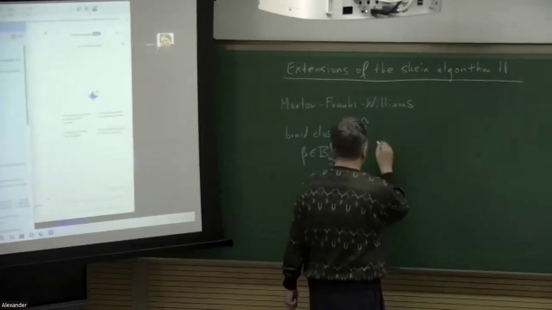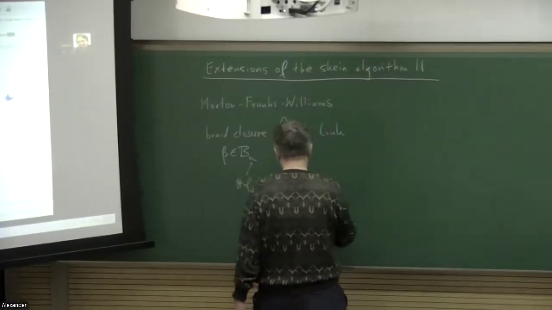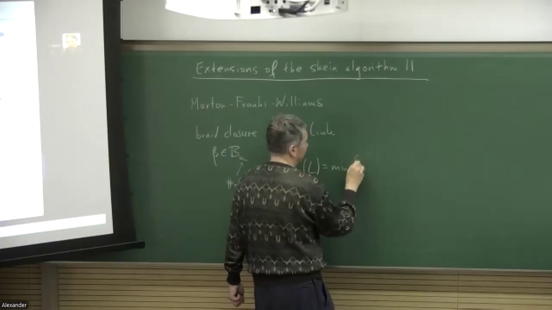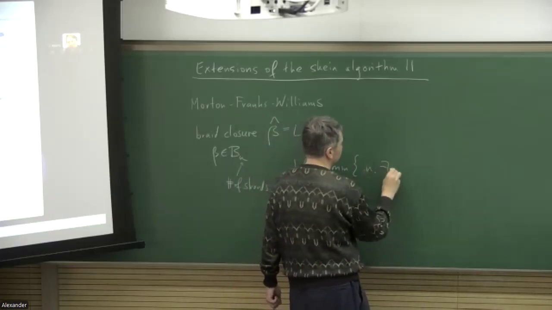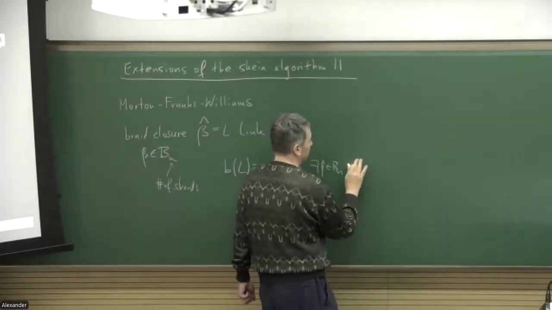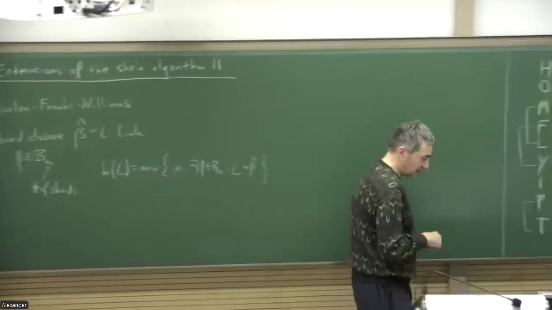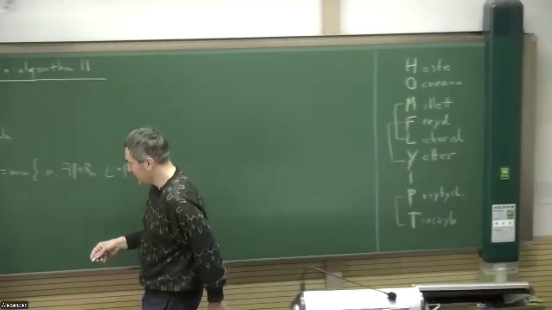So this is some link, and the braid index of the link is the minimum n such that there exists a beta in B_n with L equal to the closure of beta. So the minimum number of strands of a braid whose closure is the link. So this is called the braid index.